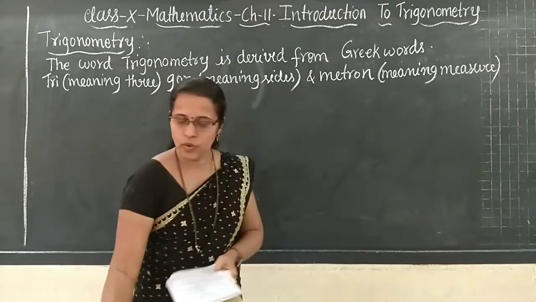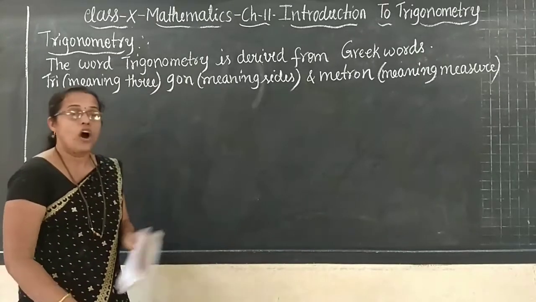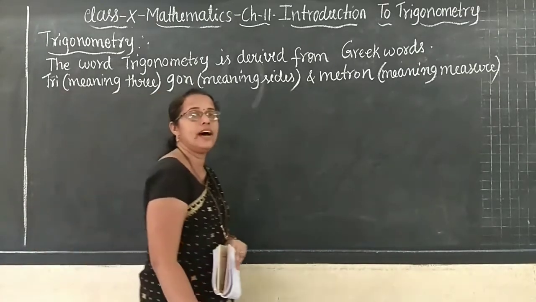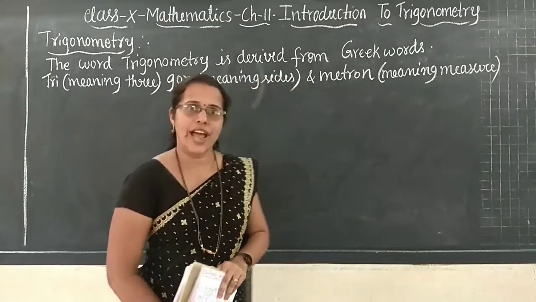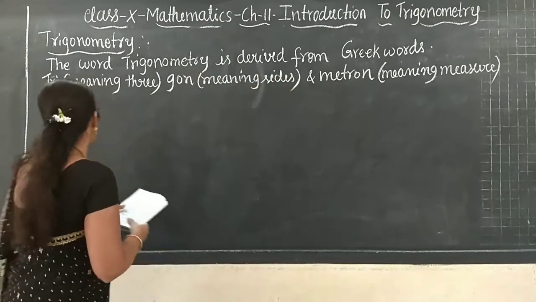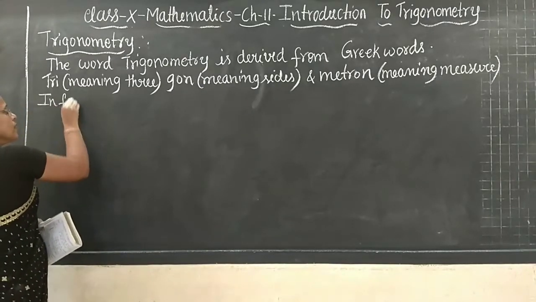Okay, so now what is trigonometry then? It is the study of relationship between the sides and angles of the right angle triangle. So can we write that here? Please write down, children.